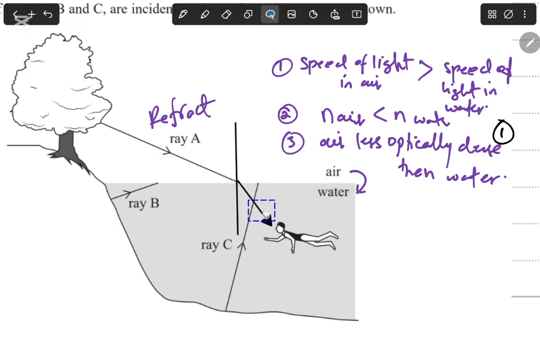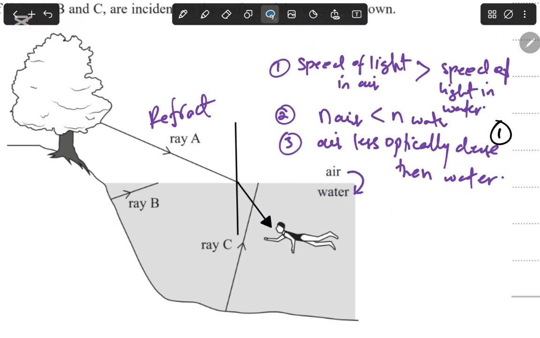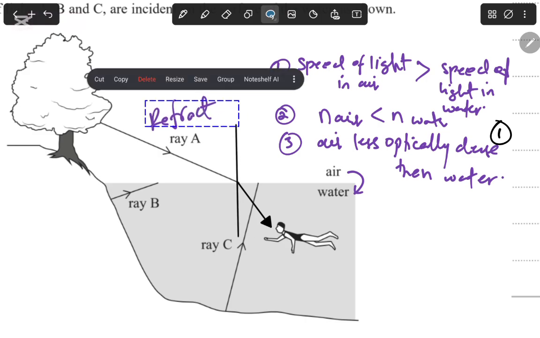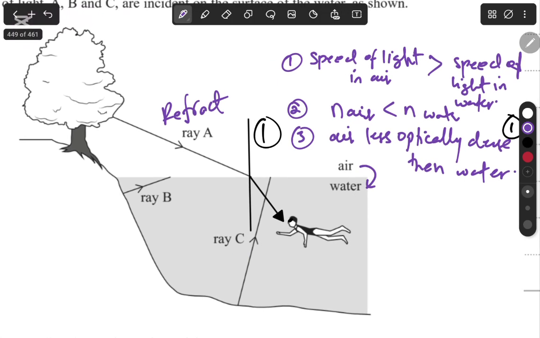So the first mark you get for writing any one of these things. The next mark you get is that A is going to refract towards the normal when it enters water, and so it reaches the person's eye. That's going to give you the second mark. So these are 2 marks right over here. The next 2 marks you get are for talking about ray B.